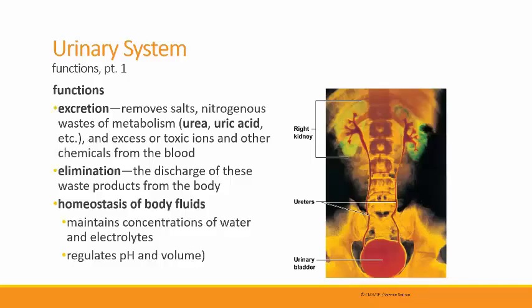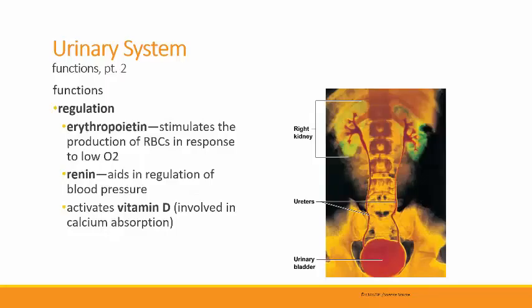So we maintain appropriate concentrations of electrolytes and water in the body thanks to the urinary system. And we can in part regulate the pH of our blood as well as the blood volume through the urinary system. And then last of all, regulation is a very important role that the urinary system plays.